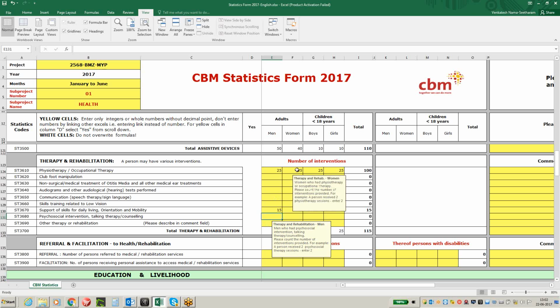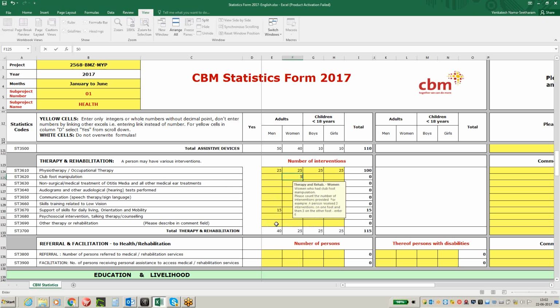For example, if 25 women who are receiving physical therapy are also receiving 50 sessions of clubfoot manipulation, then they put 50 here. So it is the number of interventions or sessions they are undergoing. This is just to know the workload of the project. It is not the number of persons here.